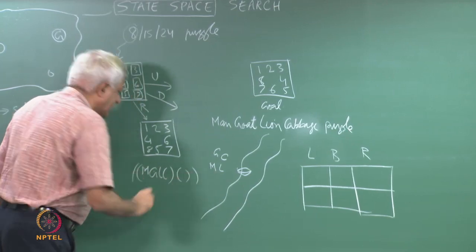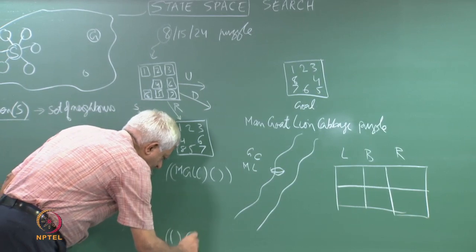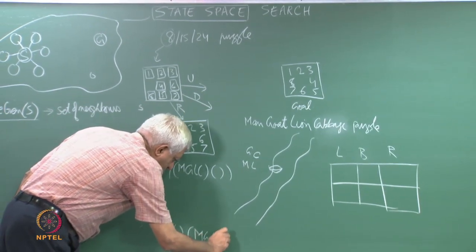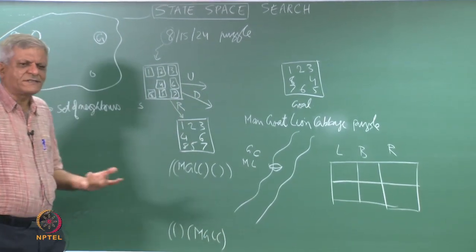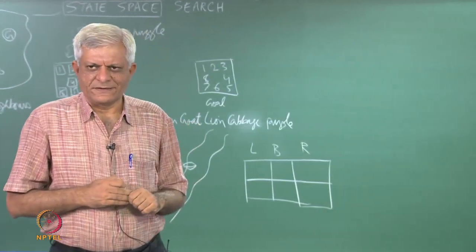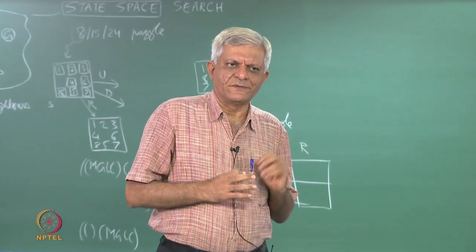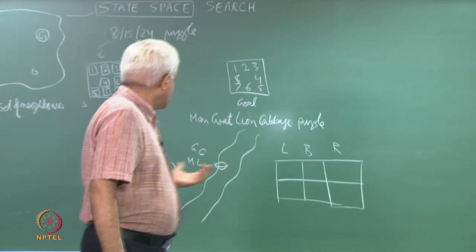This is my given start state, and my goal state is this. But the question is, how do I write the move gen function? That's the thing that I am trying to get at. What representation is good and what is not good. Now, how would you write a move gen function for this representation?